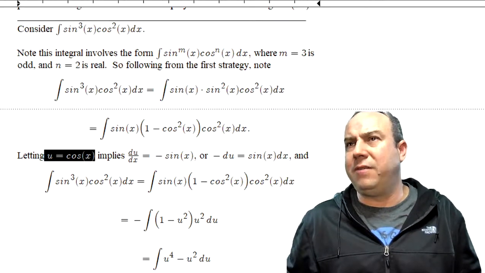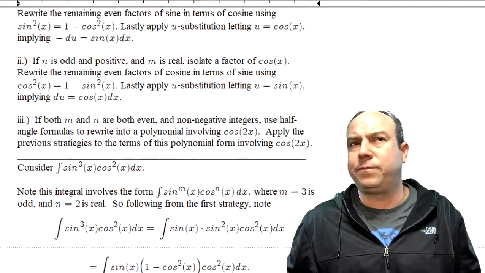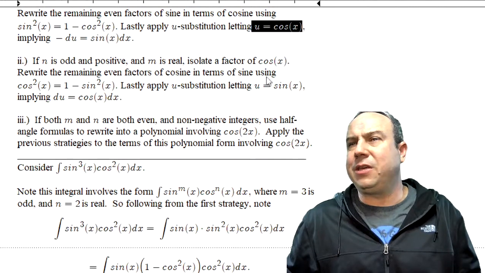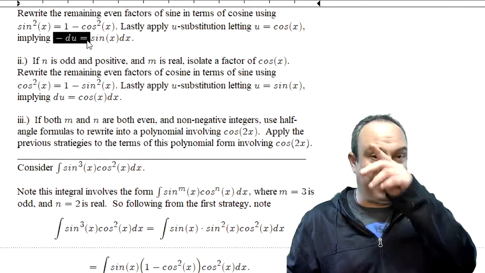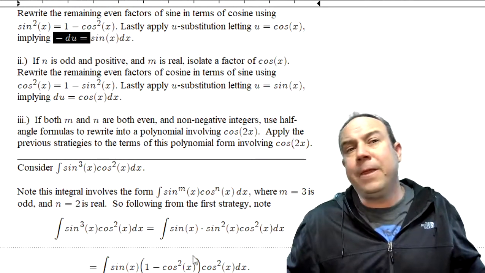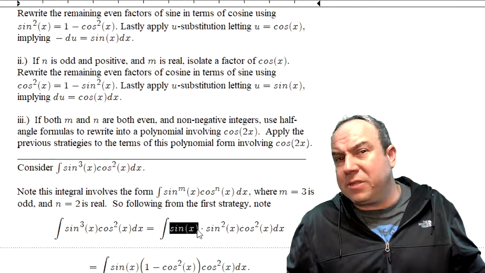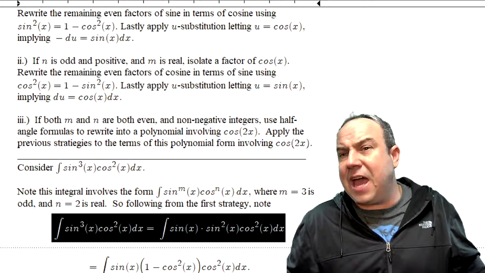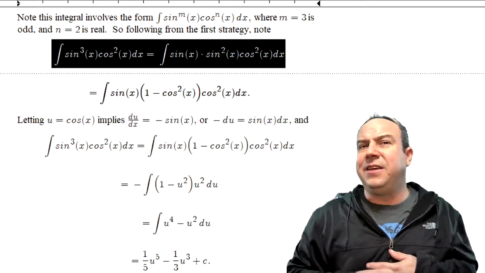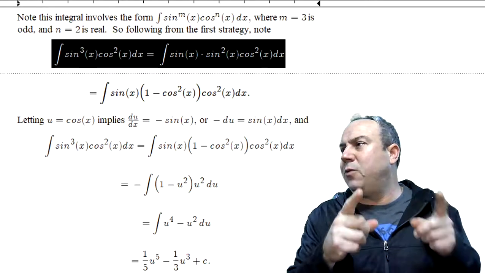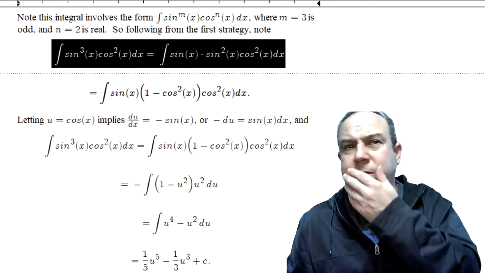What we're told above is to let u equal cosine of x. That has the implication that negative du would be the sine of x dx. And that lays out the whole purpose of isolating this sine of x dx. You will have a sine of x dx isolated to substitute out in this u substitution.